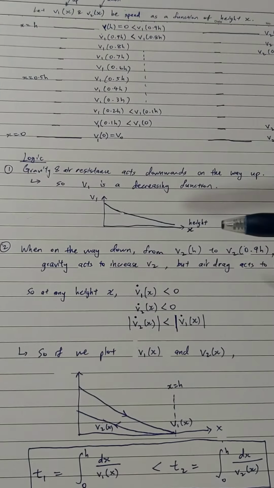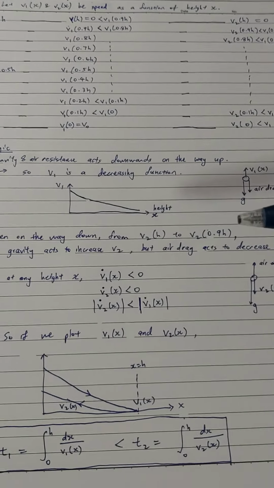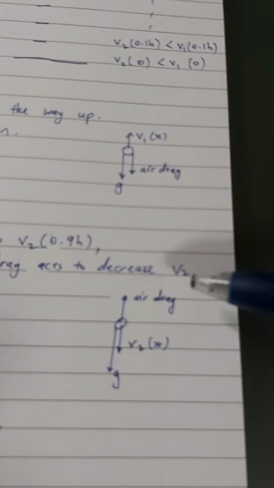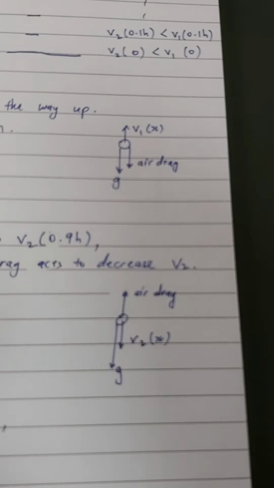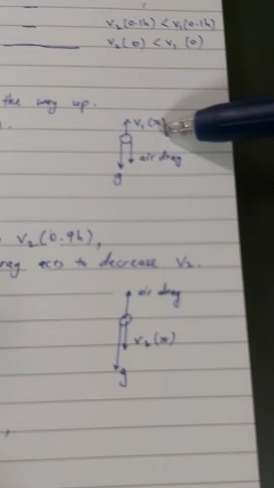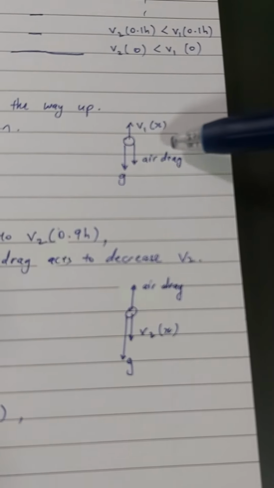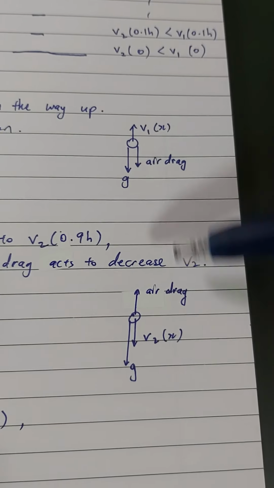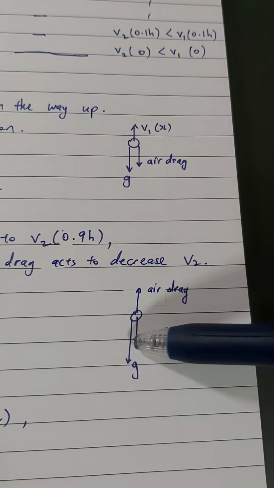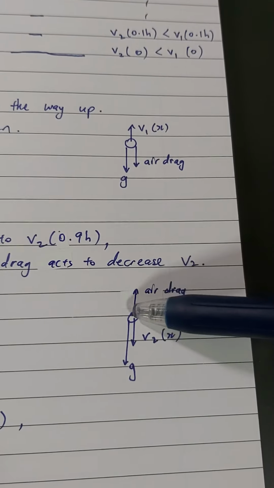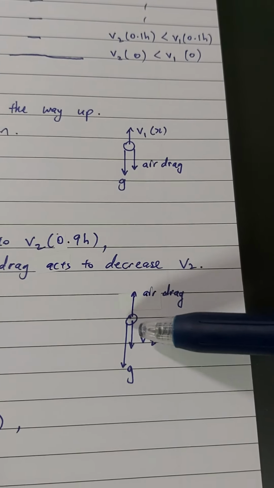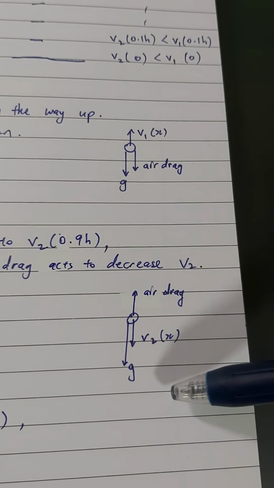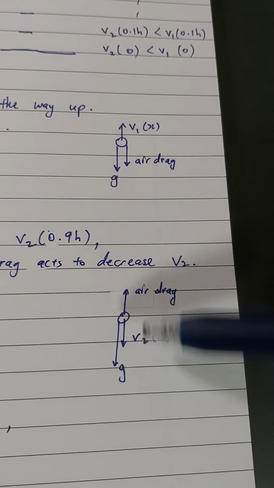So let's jump over to the quick explanation that is often given. Often people say that when the ball is on the way up, gravity and air drag act to slow it down, and when the ball is coming down, the air drag acts in the opposite direction to gravity, which also leads to a phenomenon like terminal velocity.